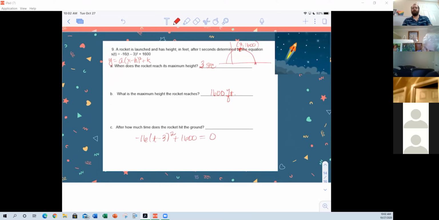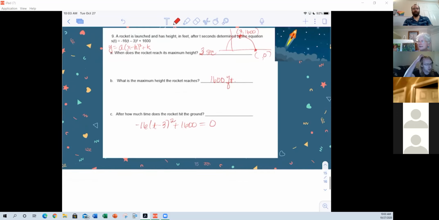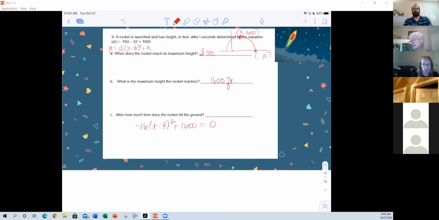The reason that we would do that is because we know that when it hits the ground, we are at 0 feet. So we just take the equation, set it equal to 0, and solve for our time.